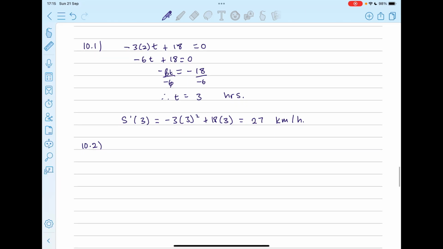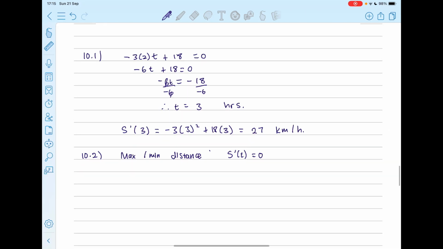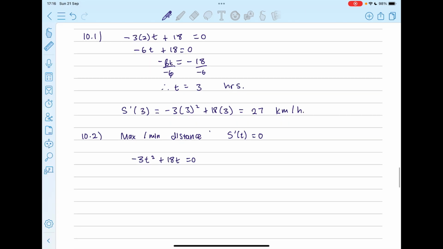Therefore, we're going to say max or minimum distance is given by the first derivative being equal to 0. And the equation is negative 3t squared plus 18t being equal to 0.